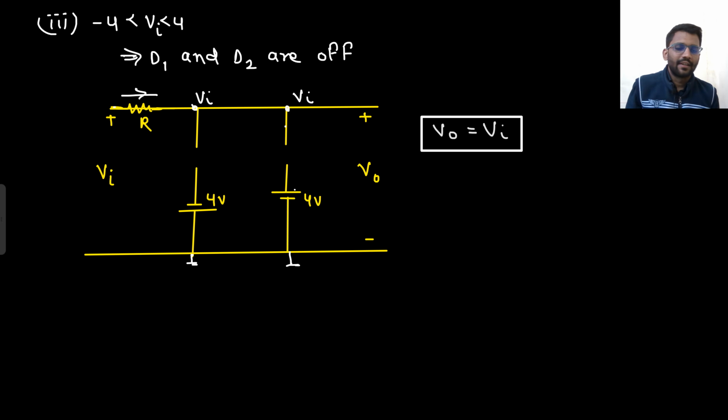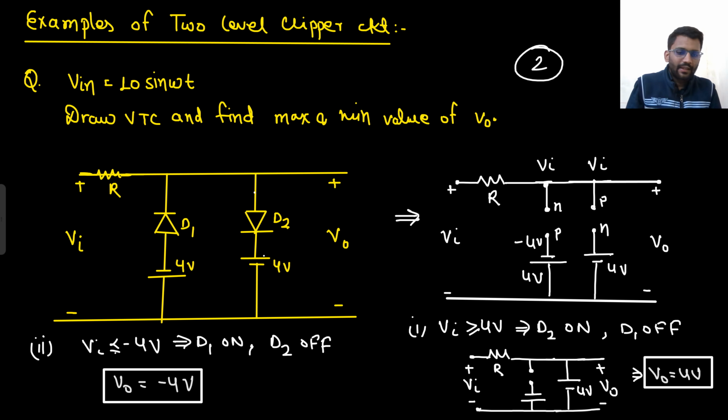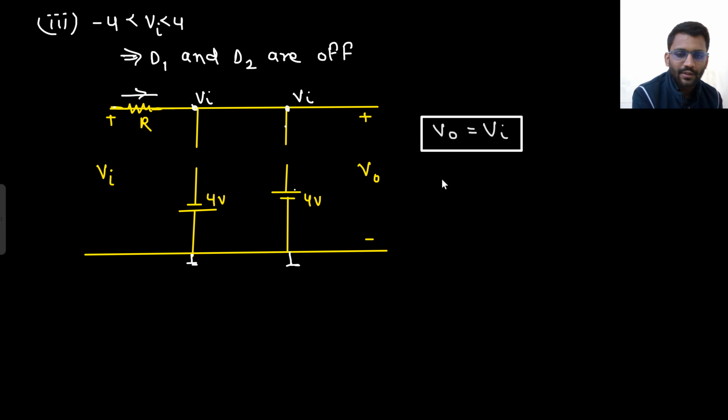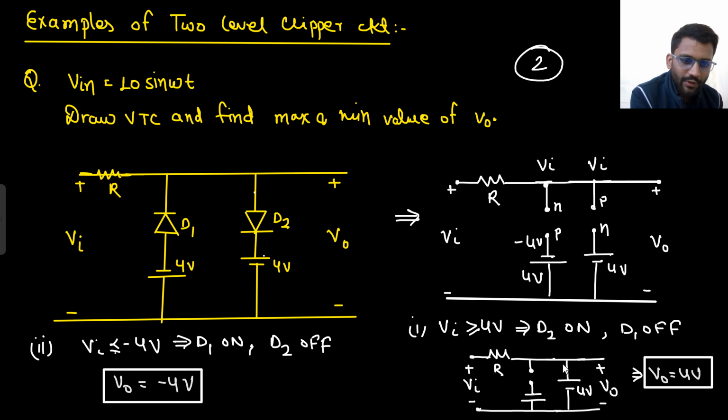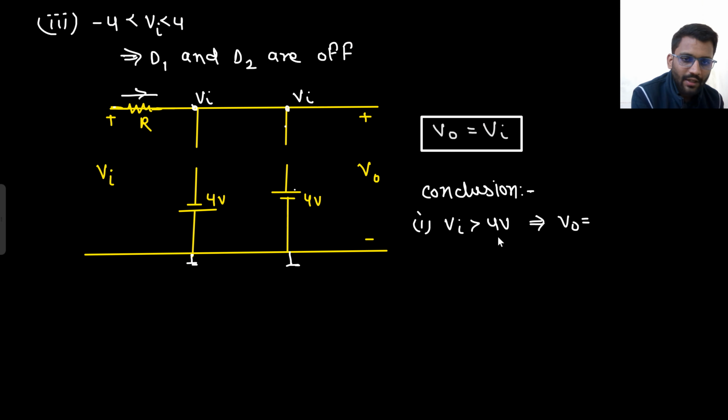So what did you see here? I guess I can write it in short. So in conclusion, what did we see? First, for V in greater than or equal to 4 volt, output was 4 volt only.